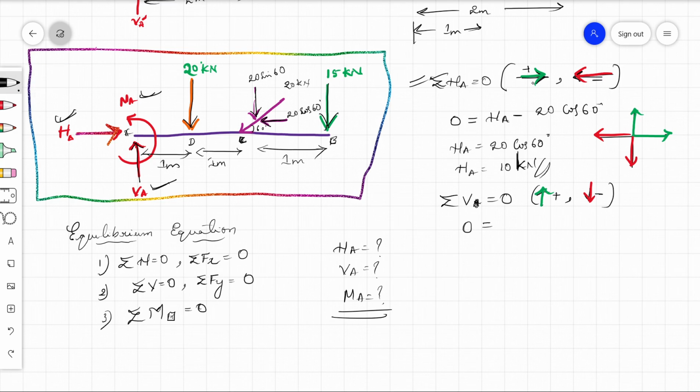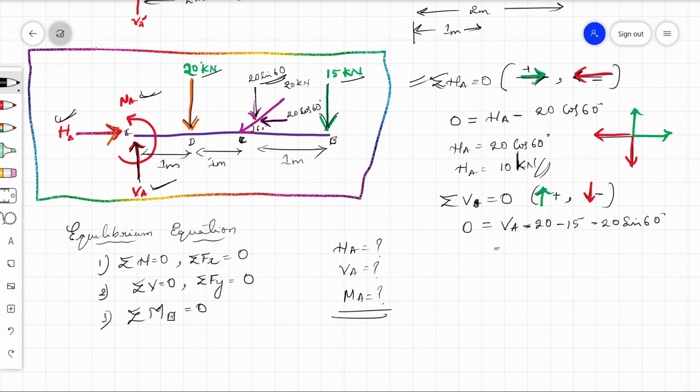So summation of all the vertical forces is equal to 0. This is the one upward force, so VA is positive, and all other forces, that is 20 kilonewton, 15 kilonewton and 20 sin 60, are going downward. So minus 20 minus 15 minus 20 sin 60 degree.